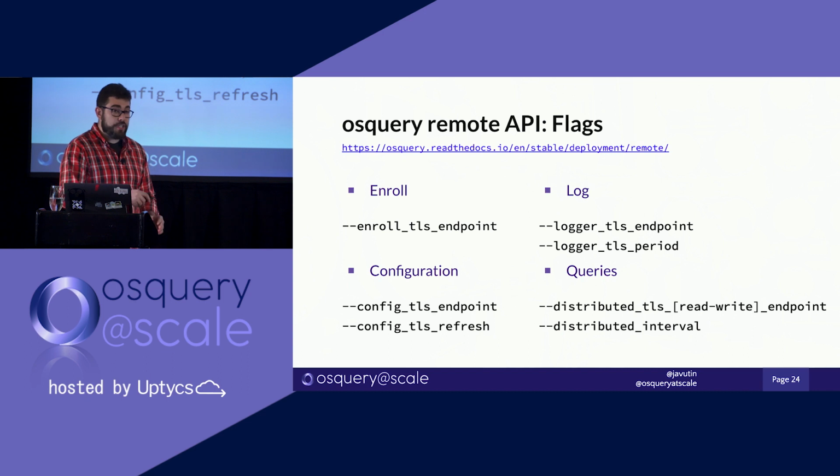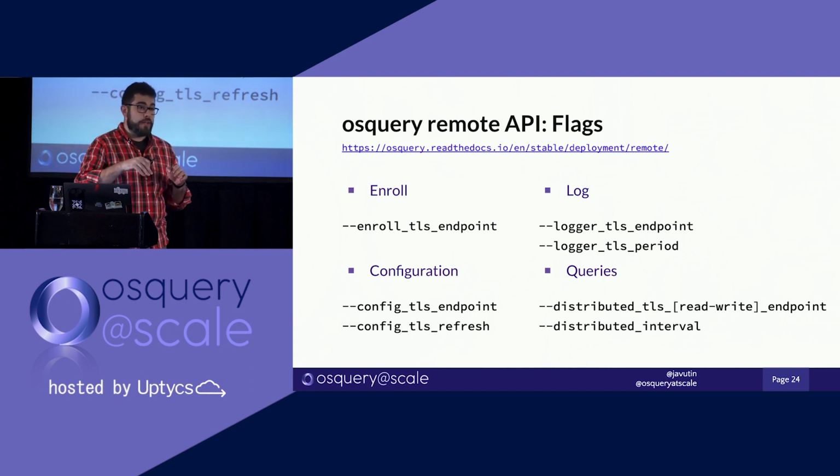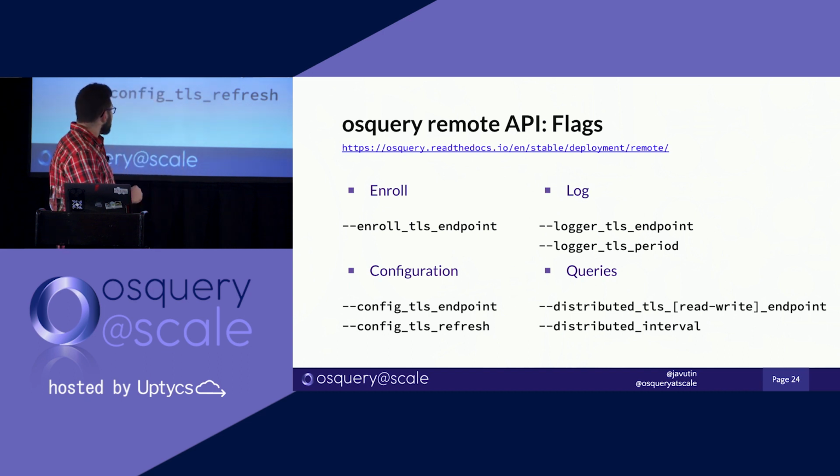But I'm going to mention this because for the enrolling, this would be the endpoint, the path to enroll that I showed you before. Same thing for the logger endpoint and the period, because you want Osquery to be sending logs every so often. So this is going to be an interval in seconds that Osquery is going to be sending those logs to your remote server.